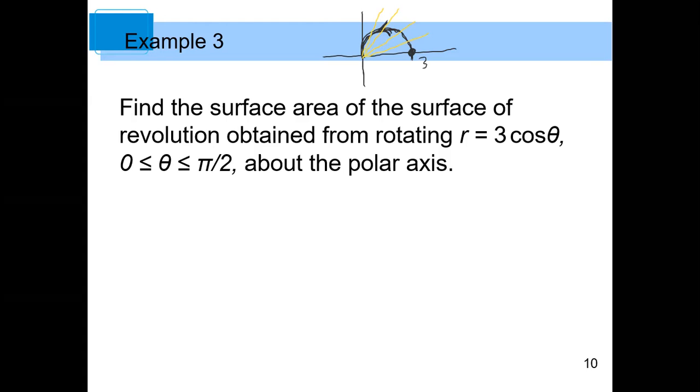This thing is actually sitting on the y-axis, but I only get half of it. But where did it tell me to rotate this thing? About the polar axis, yes? If I rotate this thing about the polar axis, what in the world am I going to get? Yeah, I'm going to get a sphere.